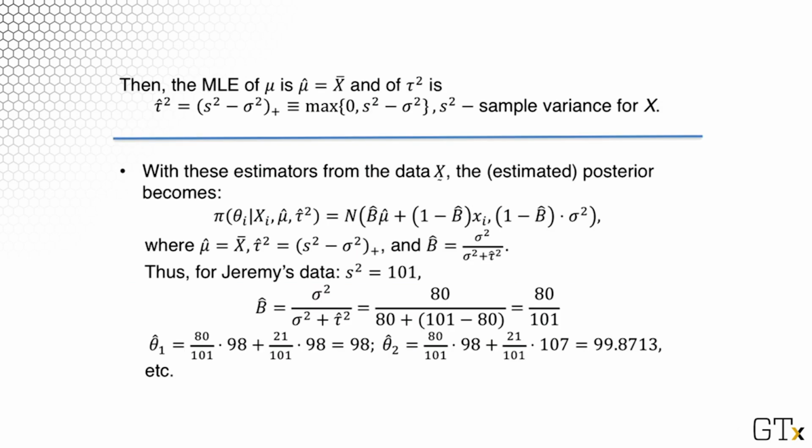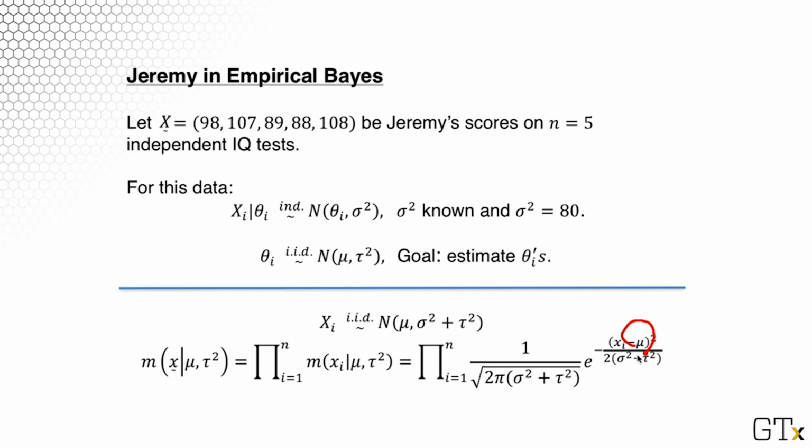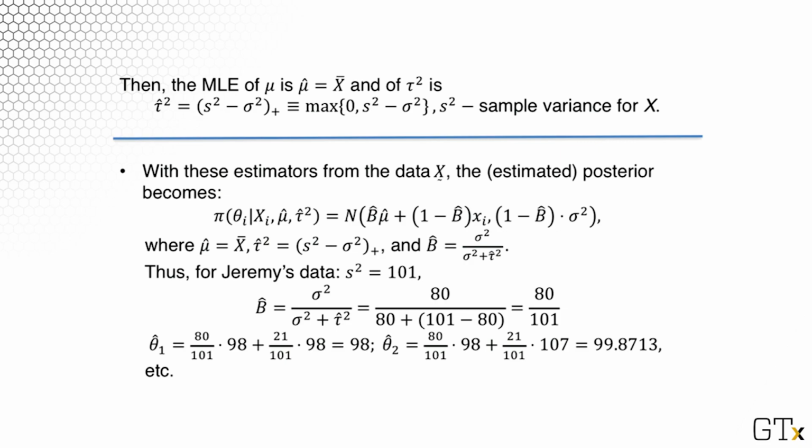So what would be the maximum likelihood estimator? In this case, it is a normal distribution, and we have mu, and we have this parameter here, sigma squared plus tau squared. For mu, the estimator is x bar, and for tau squared, you take the difference between s squared minus sigma squared. Sigma squared is known, but s squared, in this case, is the sample variance of the x's.